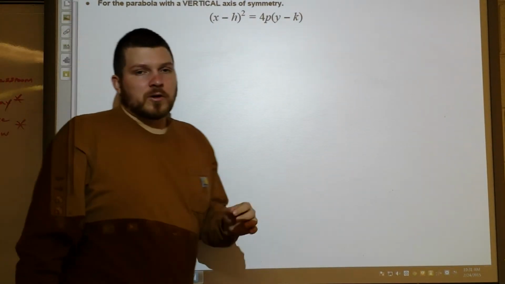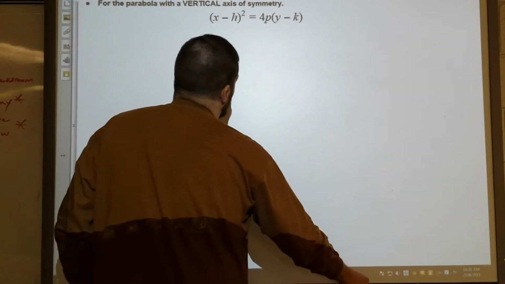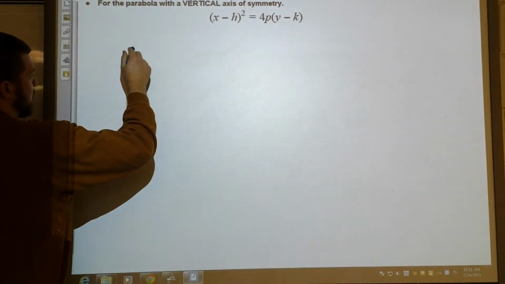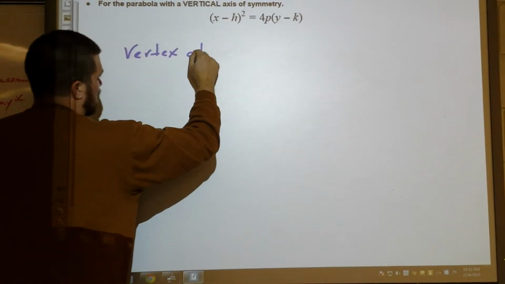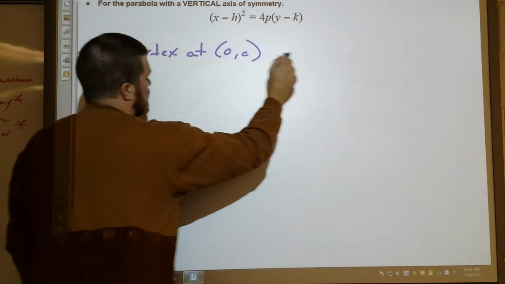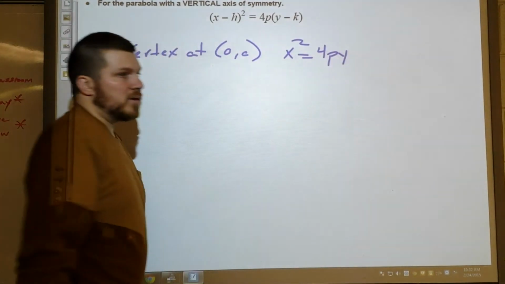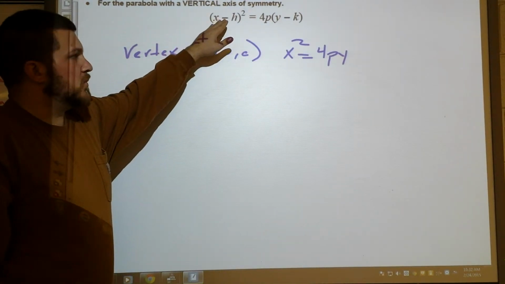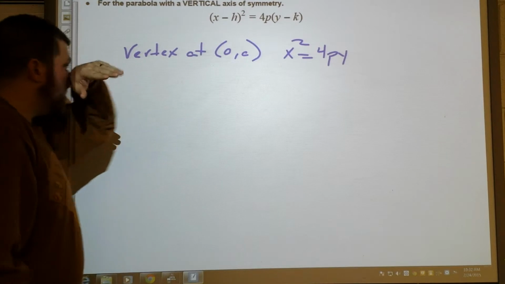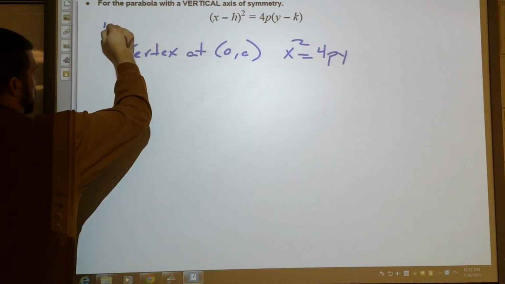If we have a vertical axis of symmetry, again, when the vertex is living at the origin, 0, 0, our equation was x squared equals 4py. Now that our vertex does not have to be at 0, 0, our vertex can be anywhere h, k, this is the new equation.